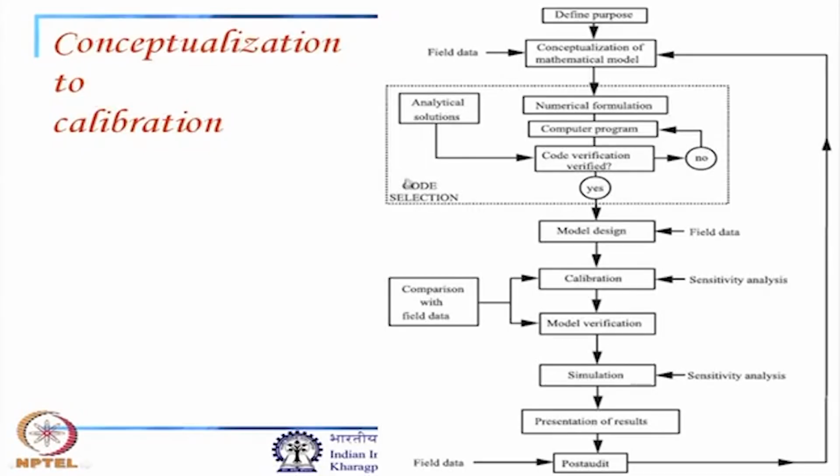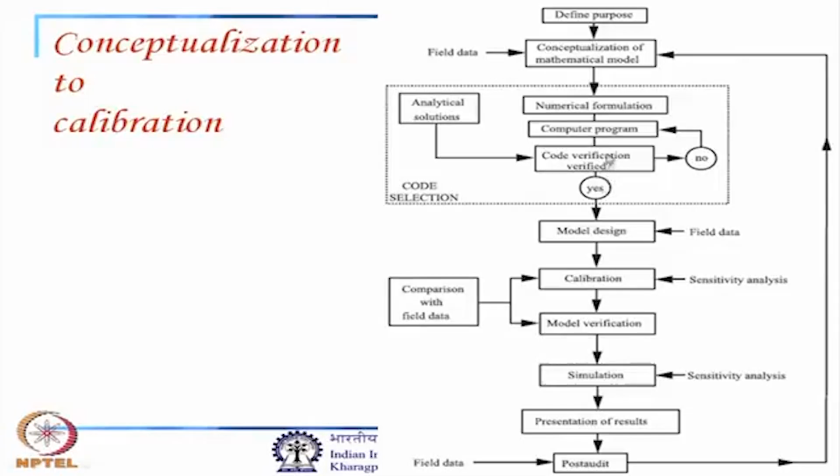So, code selection is important. Either one can write his or her own code, or one can select a proper code which is either open source or a commercial one.